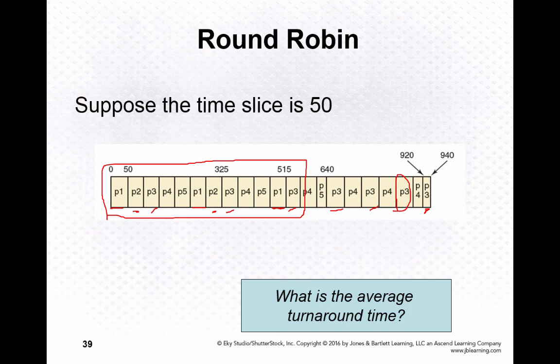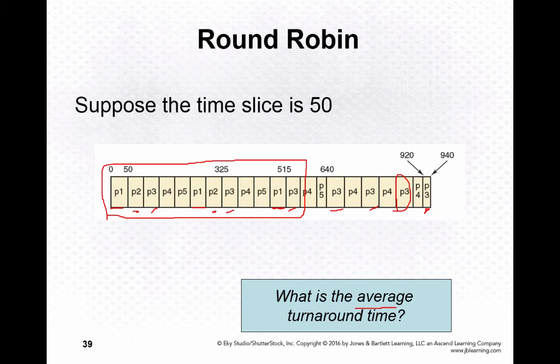So what is the average turnaround time? Well, that's probably not going to be too good. Let's look at what we've got. We got 50 plus 325 plus 515. I can tell I'm adding bigger numbers together. 640 plus 920 plus 940.